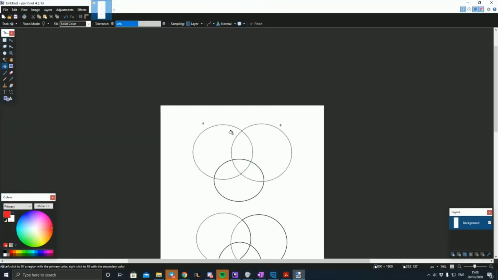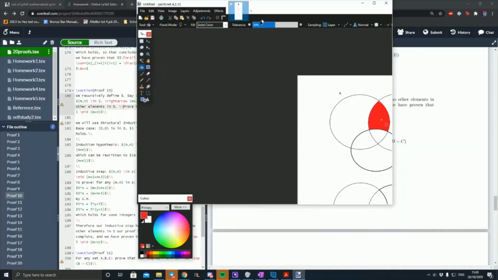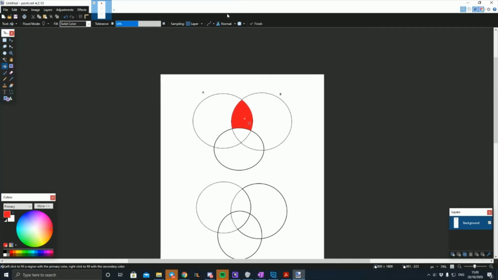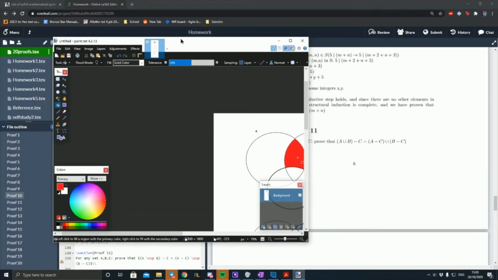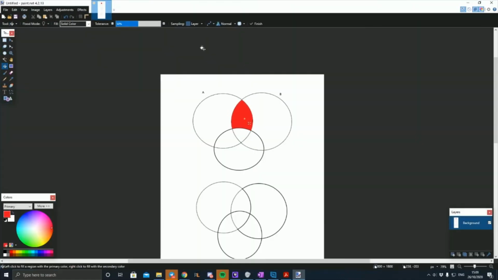I was about to say that's not correct. So the union of A and B is this whole thing, and minus C is only this thing. So we're talking about only this: everything in A that is not in C, and everything in B that is not in C. Right? That's a good point, because I thought about not the union but the intersection.